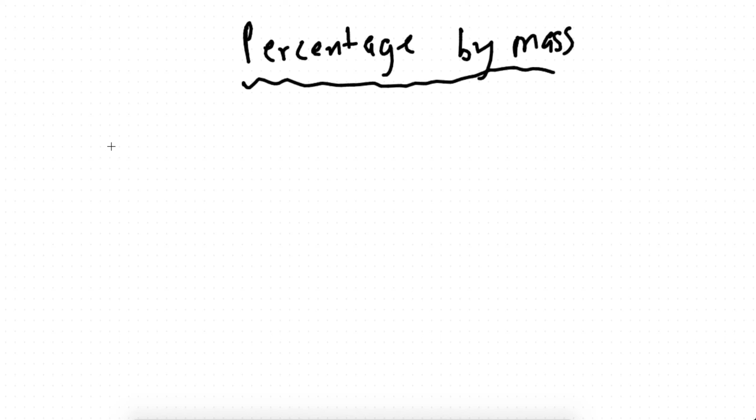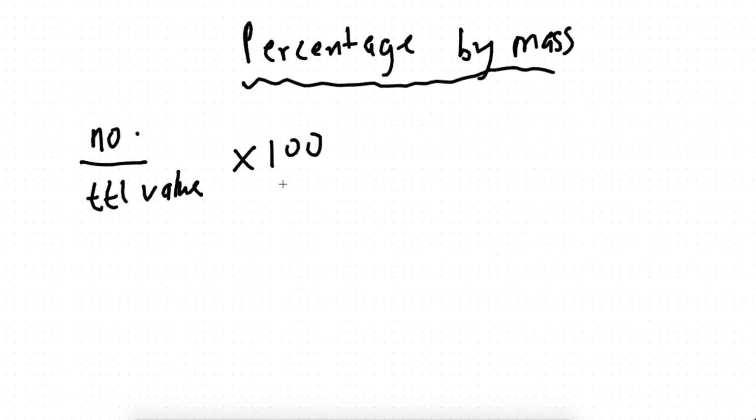A percentage is a number divided by the total value, times 100.